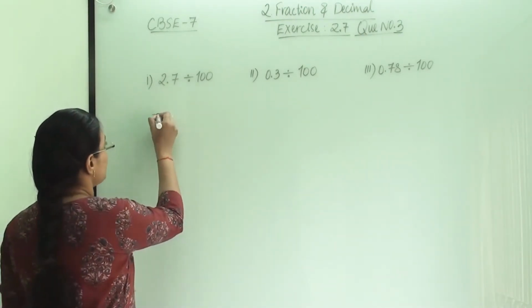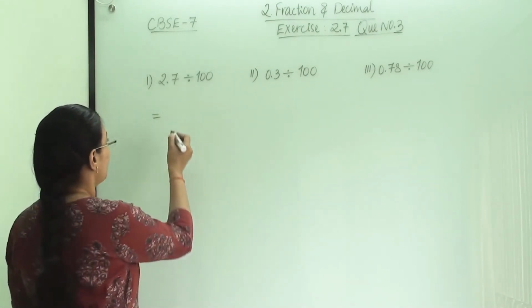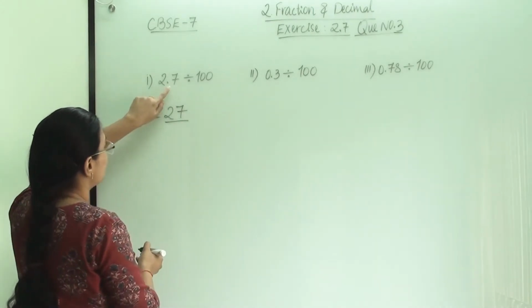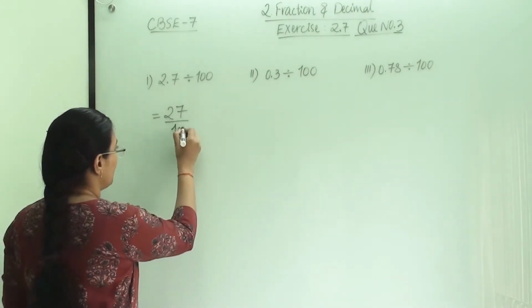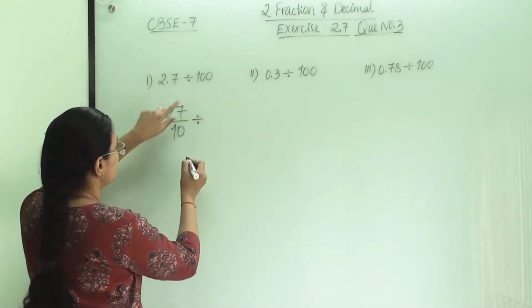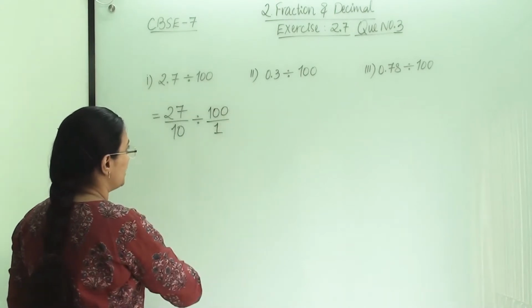First we are converting these two numbers into their fraction form. 2.7 we write as 27, and since there is one number after the decimal point, we write 10 in the denominator. Then the division sign, and since 100 is a whole number, we write 1 in its denominator.